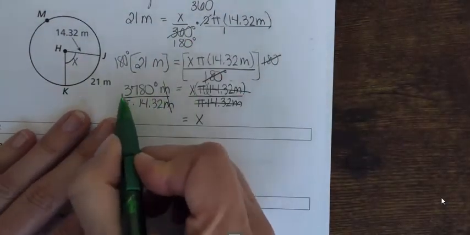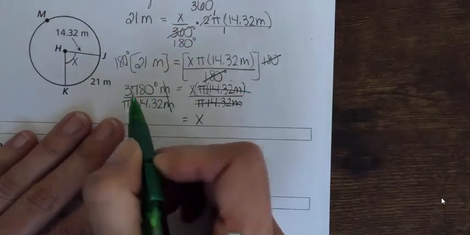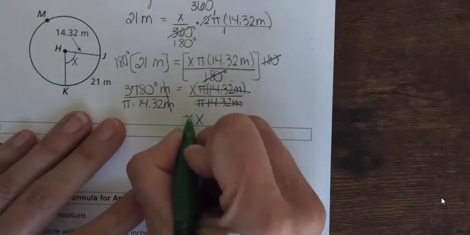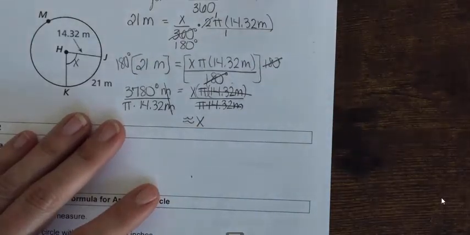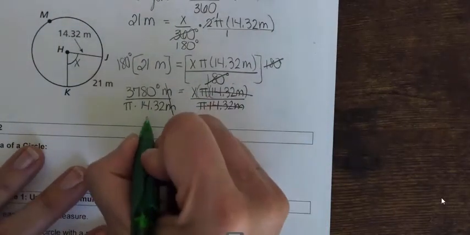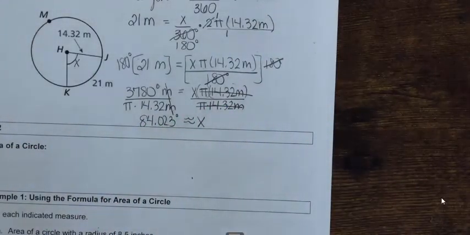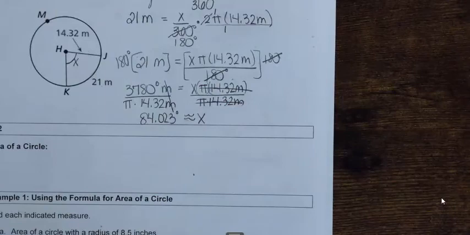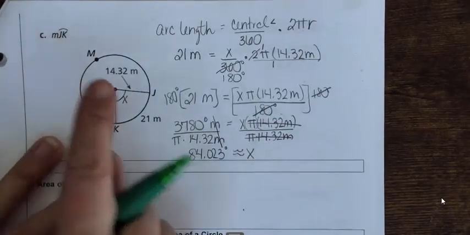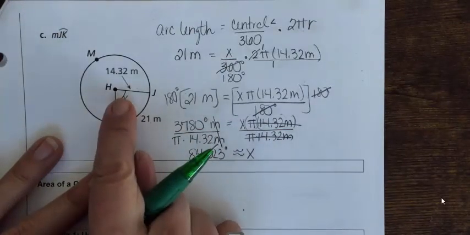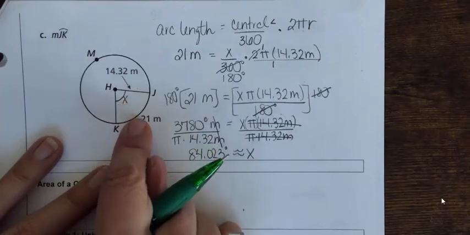You could leave your answer in this form, as it would be the most exact, but for us right now, I'm going to put an approximation of 84.023 degrees. So the measure of an arc is always in degrees, and it's always equal to the central angle. I found the central angle, therefore I know that the measure of this arc is going to be exactly the same.